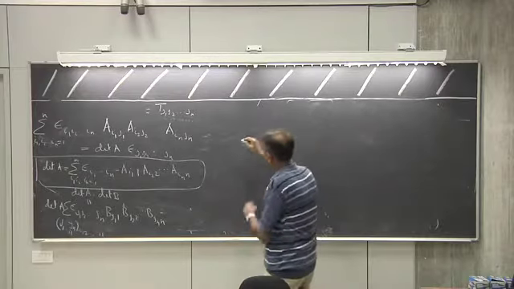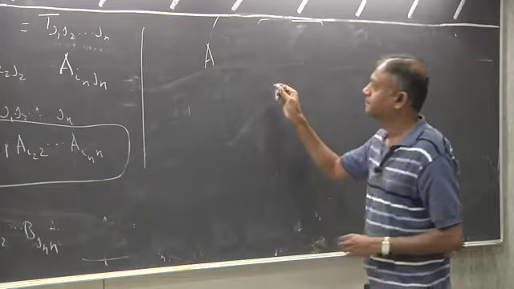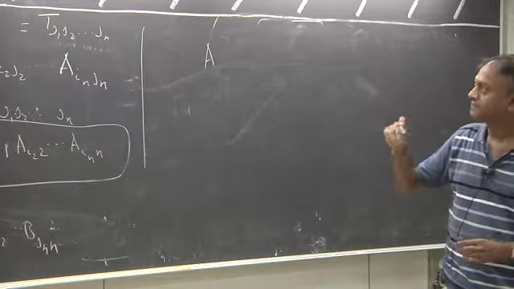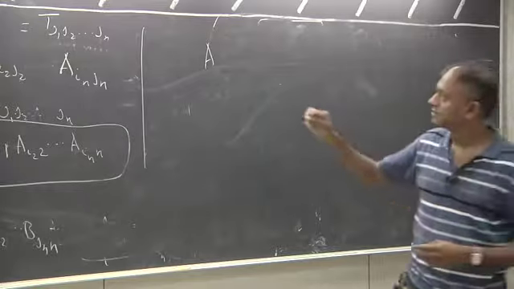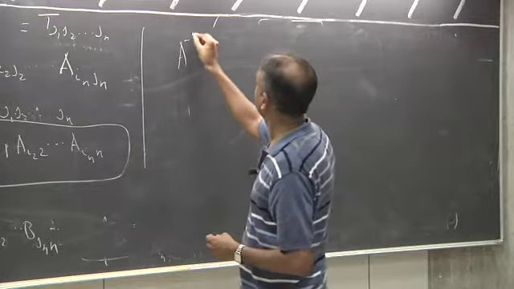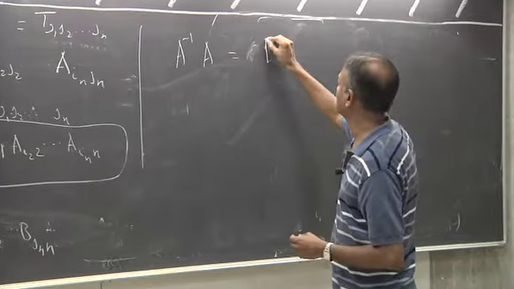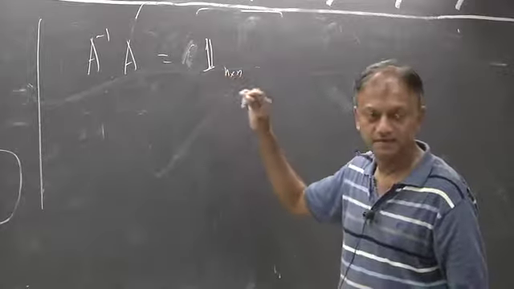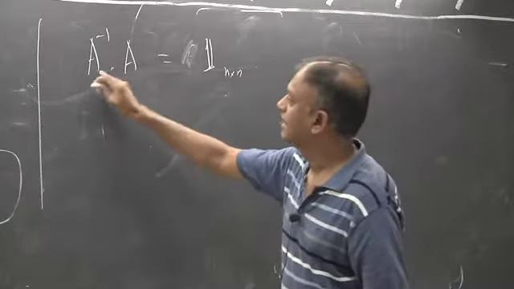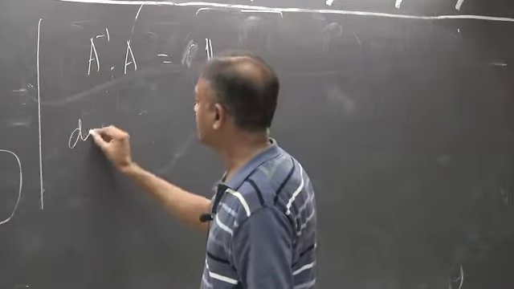Okay, first of all, suppose there's a matrix A, and let's say A inverse exists. Then I can take A inverse times A, and this is the identity, the n by n identity matrix. That's the definition of A inverse. Then let's take the determinant of both sides.